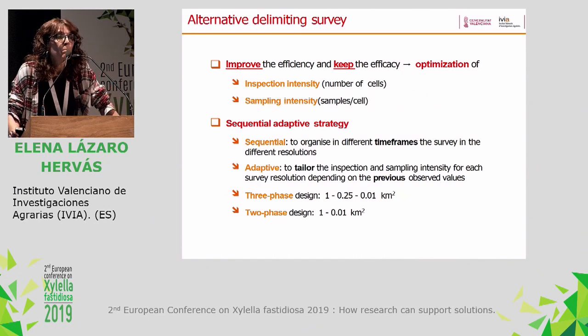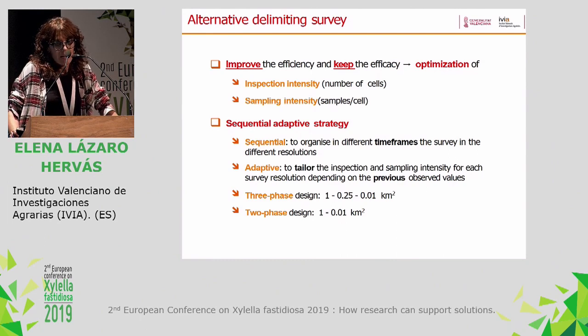We want to improve the efficiency and keep the efficacy of the current delimiting strategy by optimizing inspection intensity and also sampling intensity. Inspection intensity is defined as the number of cells to be inspected, and sampling intensity is defined as the number of samples to be taken in a specific cell.